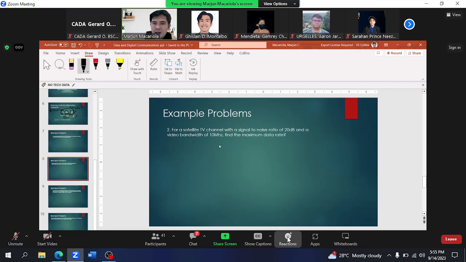So solve lang natin: for a satellite TV channel with a signal to noise ratio of 20 decibel and a video bandwidth of 10 megahertz, find the maximum data rate.